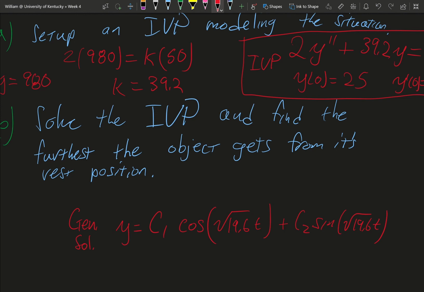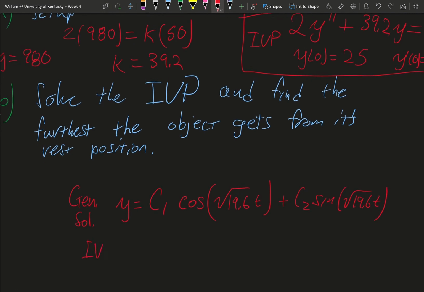If we go ahead and solve the IVP, we should get that y is equal to 1/4 cosine of that, or rather actually minus 1/5 times the square root of 19.6.